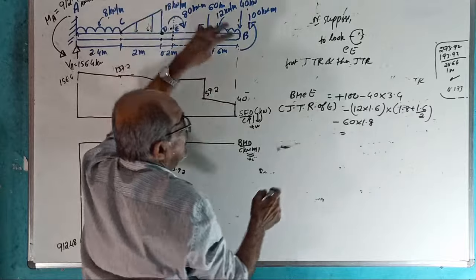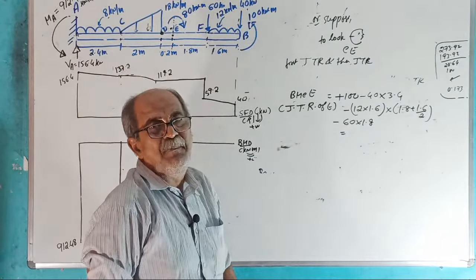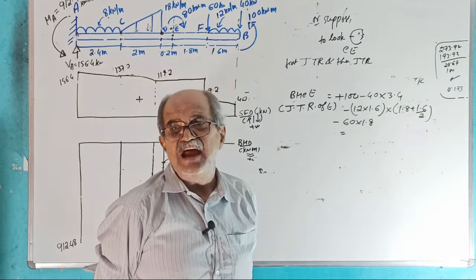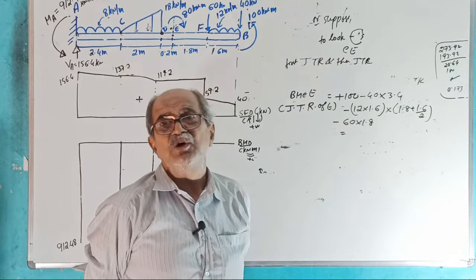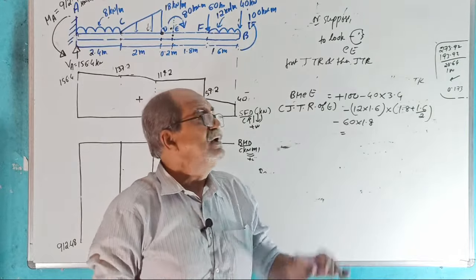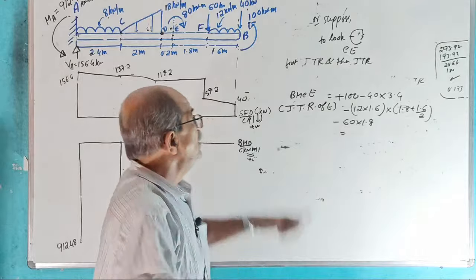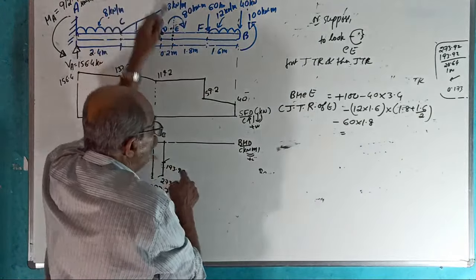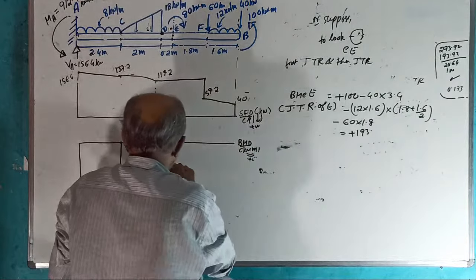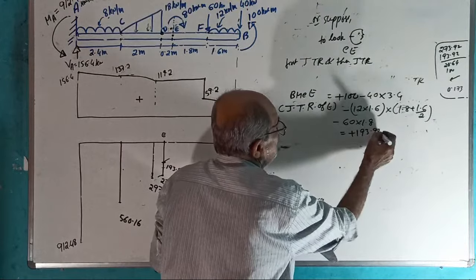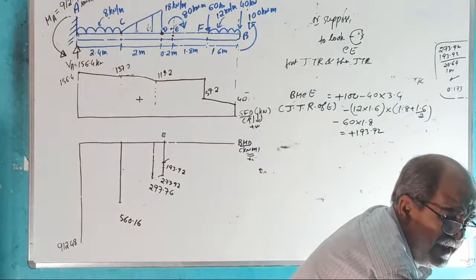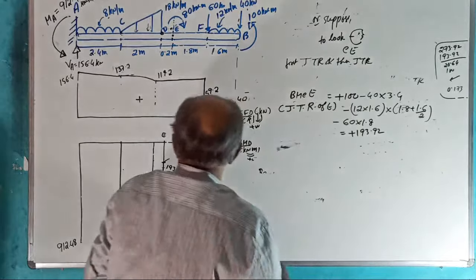Anybody can tell the answer? Whether you come from left to right or right to left, whether you find JTL first then JTR, or JTR first, the bending moment just to the left and just to the right of a point must be unique. You are going to get 193.92 first. Tell yes or no. You are getting 193.92 first, meaning just to right.